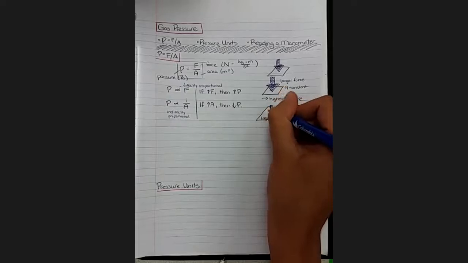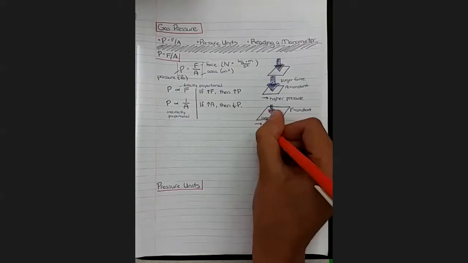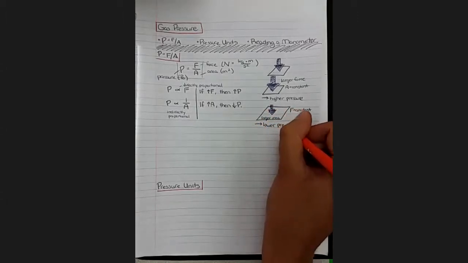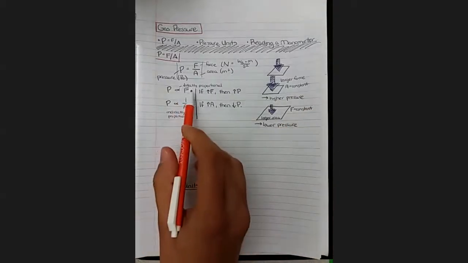This is supposed to be the same size as the first picture. So force equals constant, and the area has increased. That causes the pressure to decrease. So this is how we're going to talk about how variables are related in a formula.